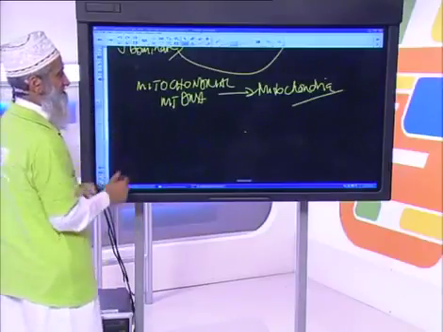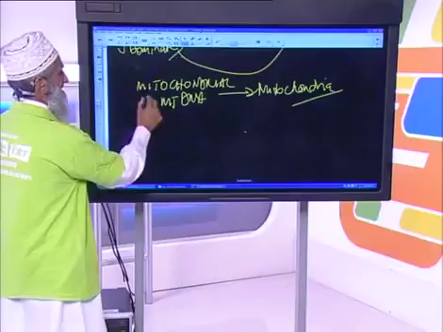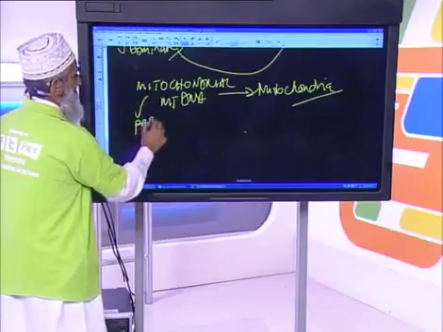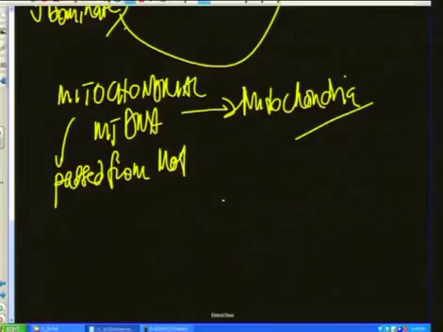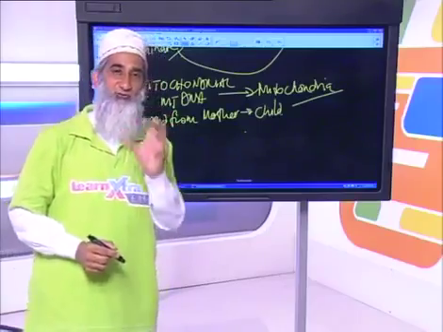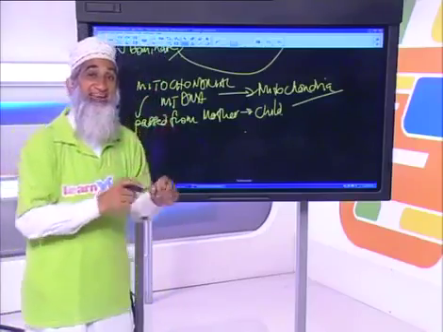Now, how does it actually work? The mitochondrial DNA is passed from mother to child. Why? Because the sperm's contribution in fertilization is the nucleus of the sperm. That means the chromosomes and the chromatin network that will fuse with the egg cell.